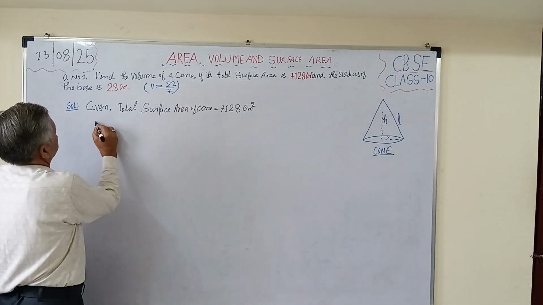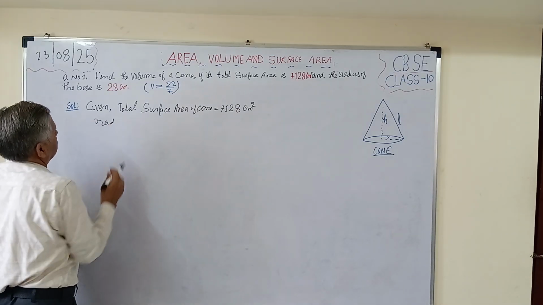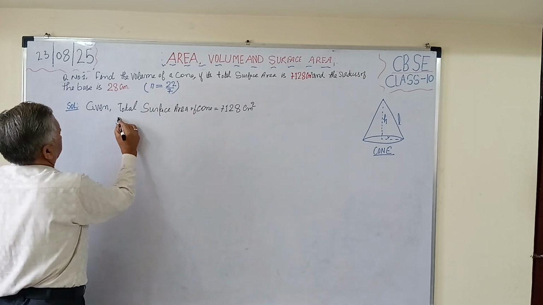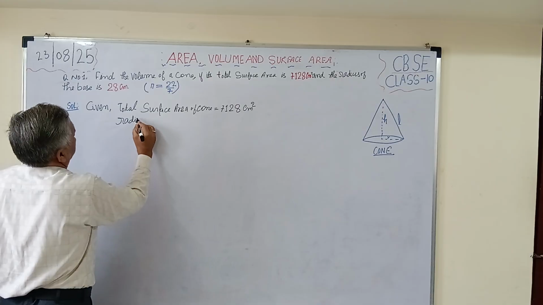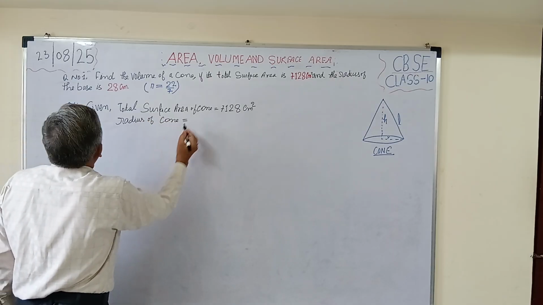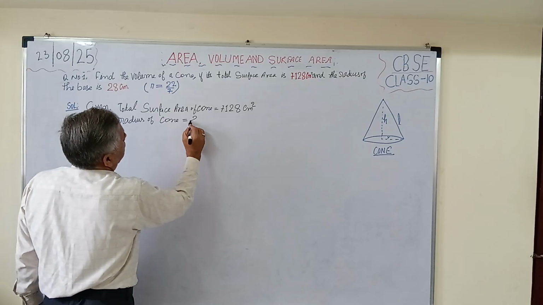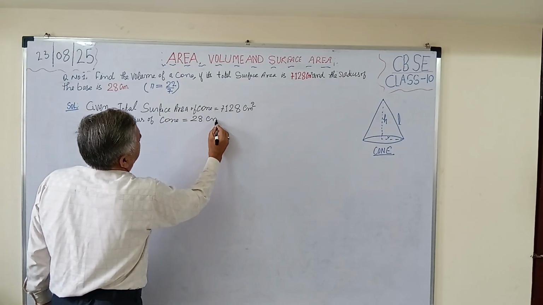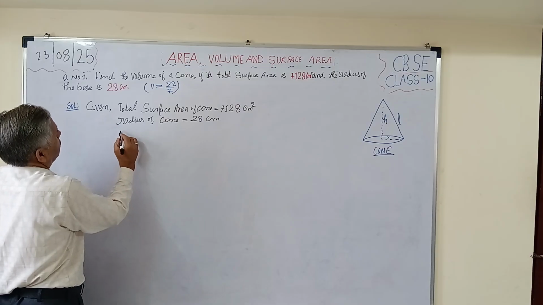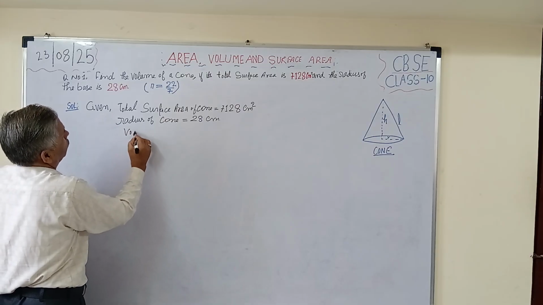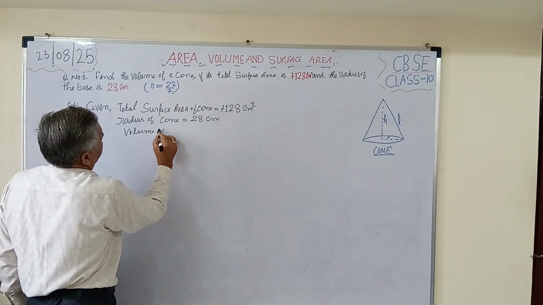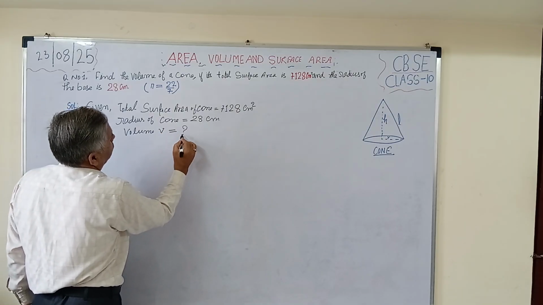Radius of cone equals 28 centimeter. We have to find the volume V.